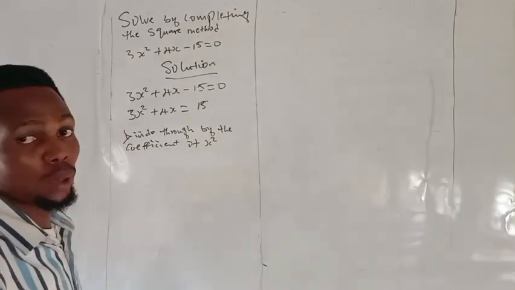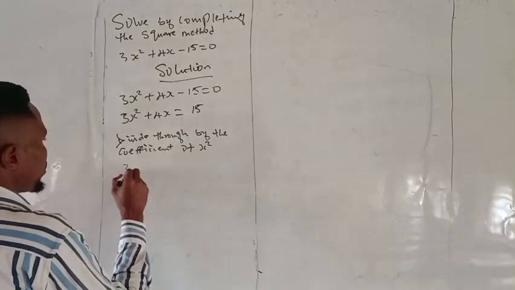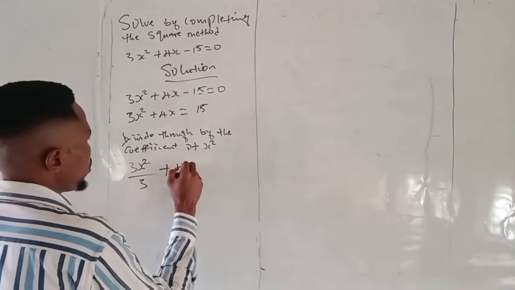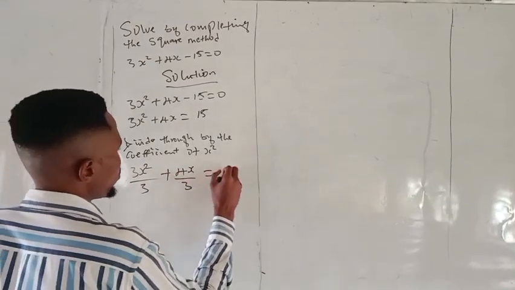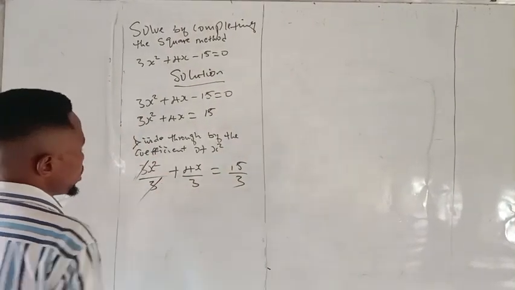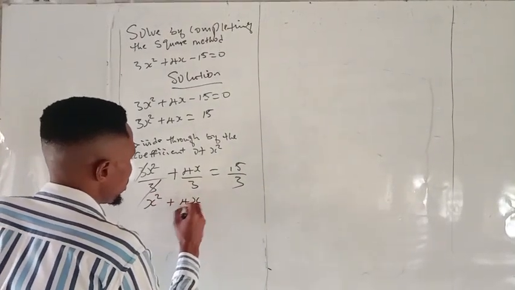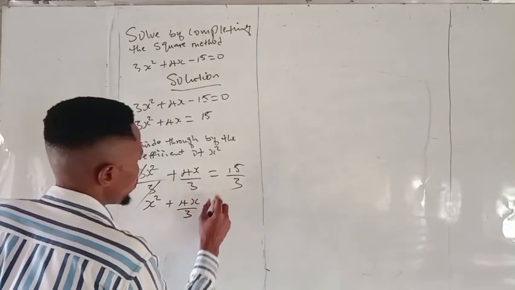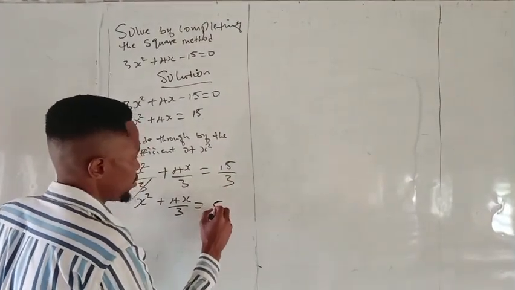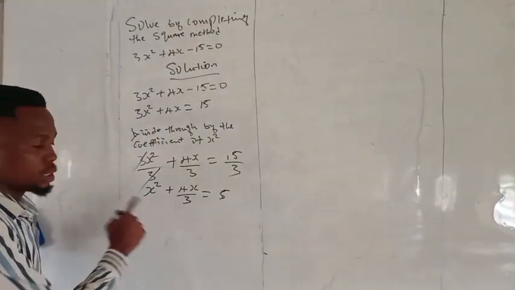So we have 3x squared all over 3, plus 4x all over 3 equals 15 all over 3. Now 3 and 3 will go, so we have x squared plus 4x all over 3 equals 15 divided by 3. 15 divided by 3 is 5, so we have 5. So now x squared is standing alone.